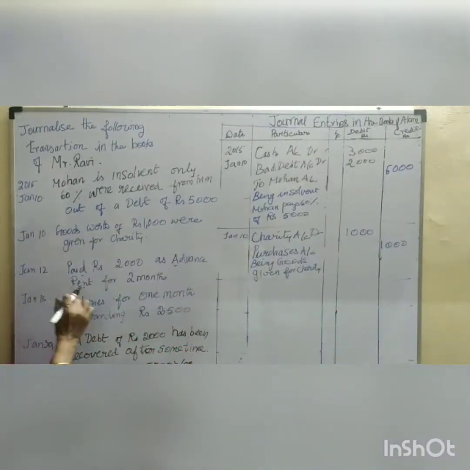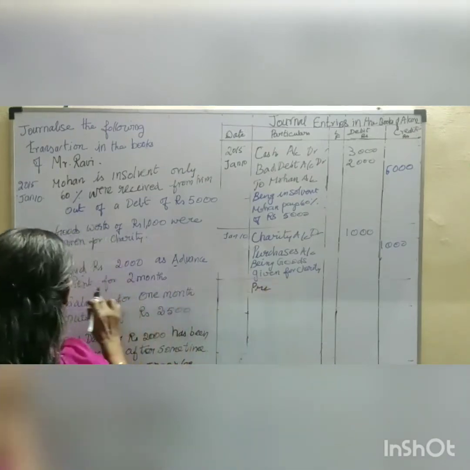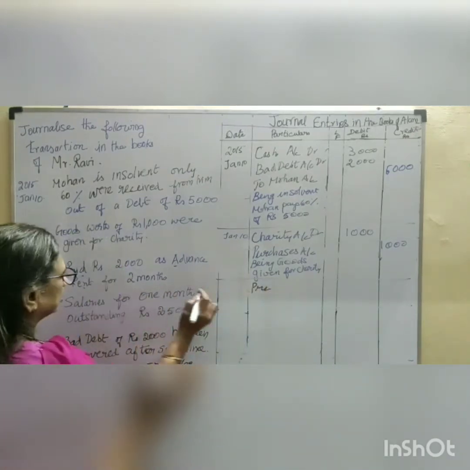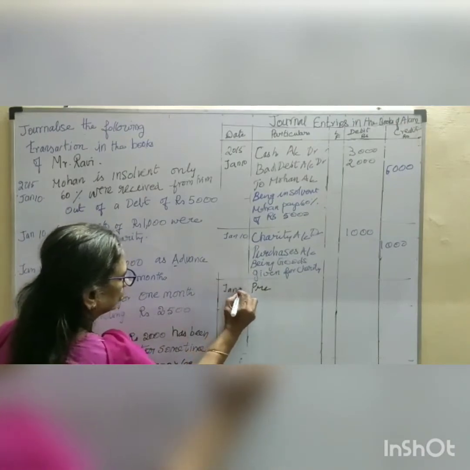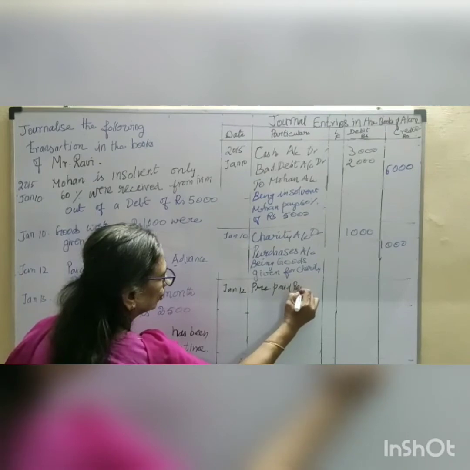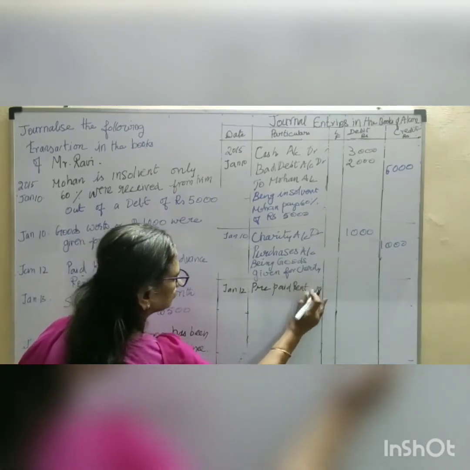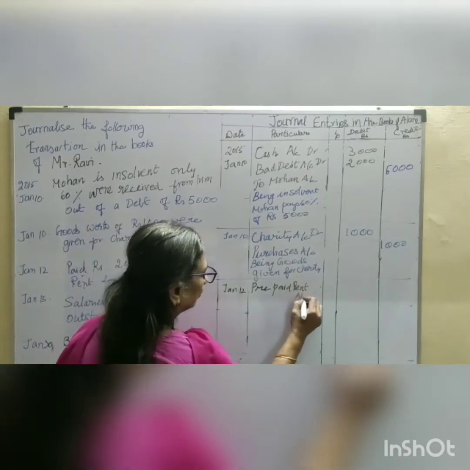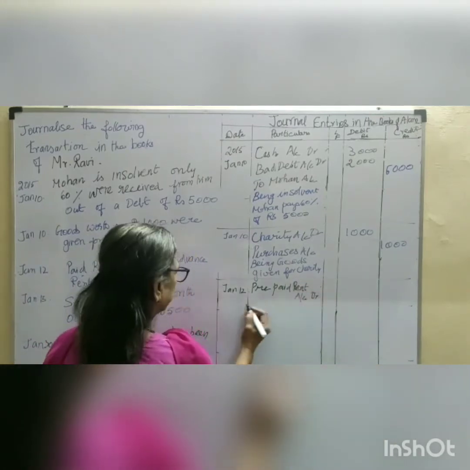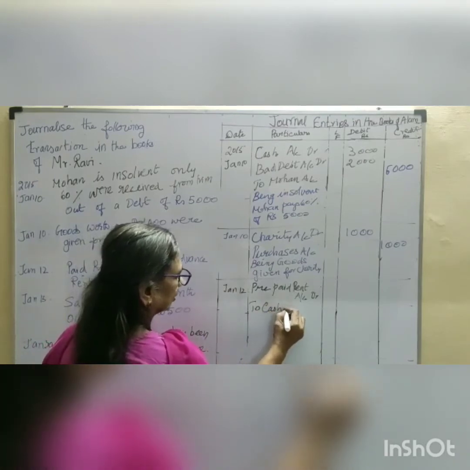Now let's see. Prepaid. Now let us see the date. January 12th. Prepaid rent account debited to cash account.